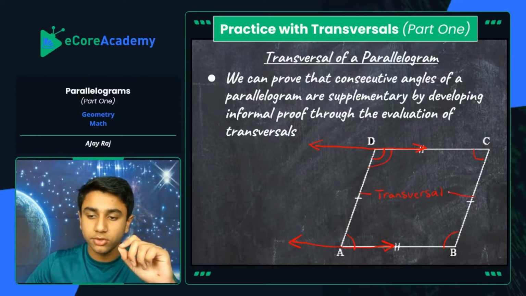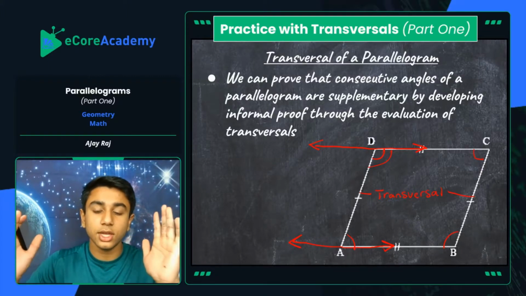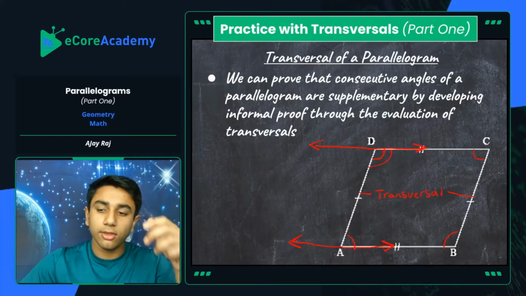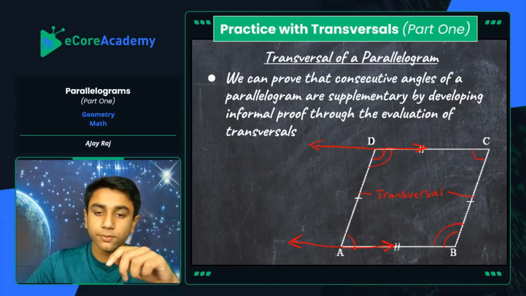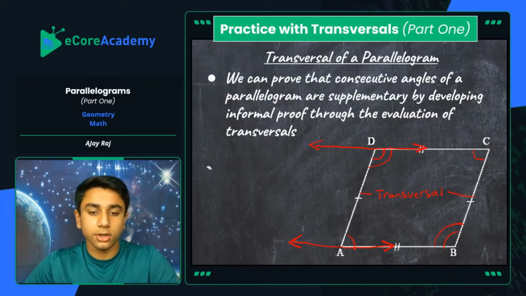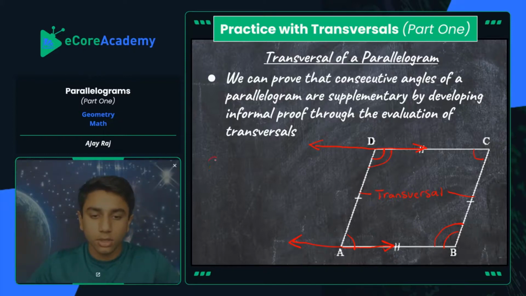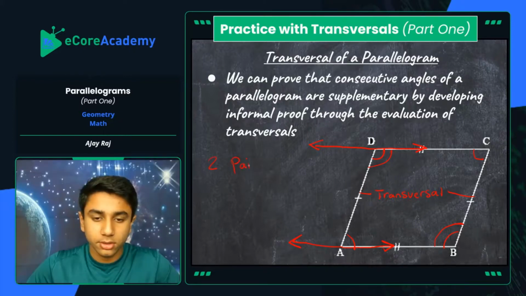So this is also going to be a transversal right here. And if we extended those lines out, that would also be 2 transversals intersecting 2 parallel lines. And therefore, these guys would also be your same side interior angles. So that's 4, let's say 2 pairs, sorry. So 2 pairs of same side interior angles.